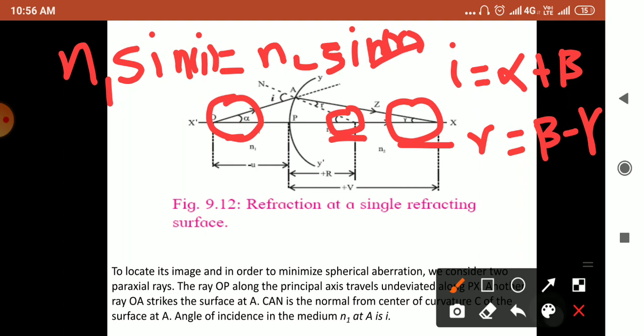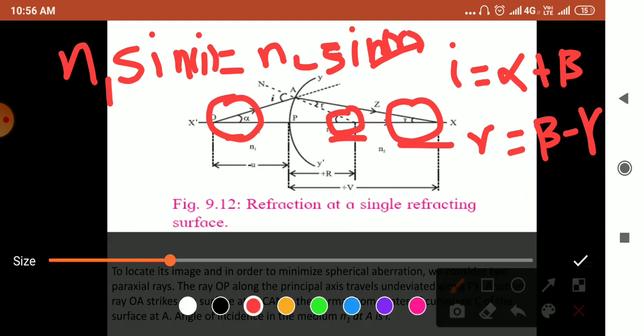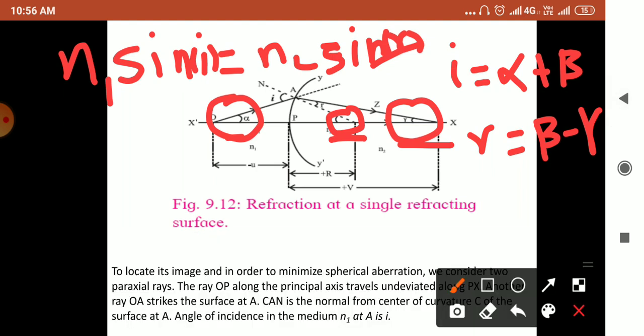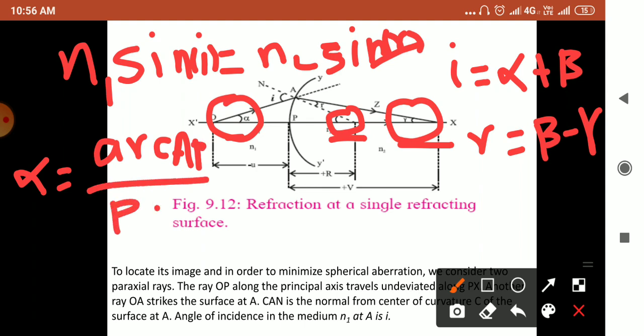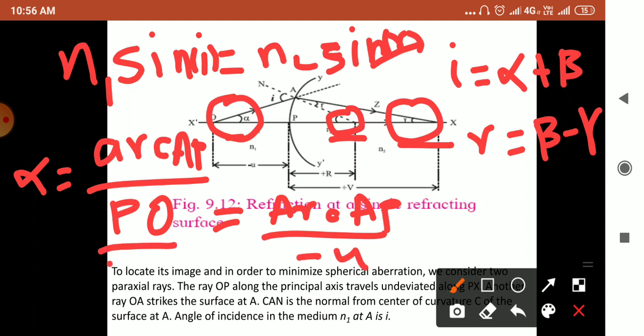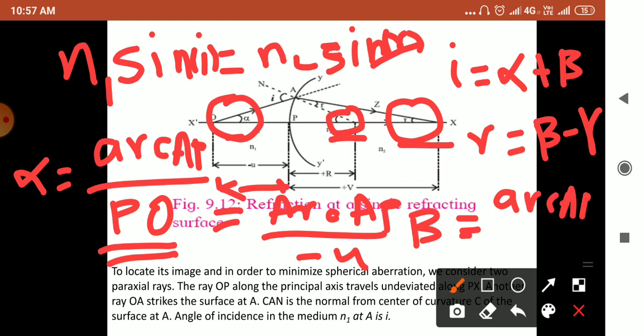Then alpha is equal to arc AP upon PO, where it is arc AP upon minus u, because this PO is nothing but the distance of the object from O to P, that is the pole of the convex surface. The same for beta: beta is equal to arc AP upon v.